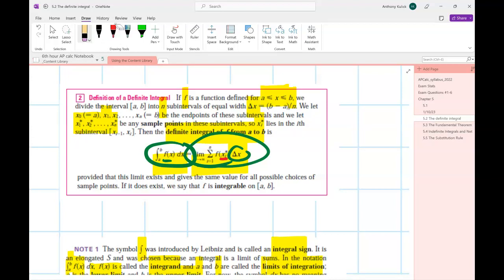So when we do our actual definite integral calculation, we just end up using the right-hand rule because the sample point doesn't matter, so I just pick something to standardize it.